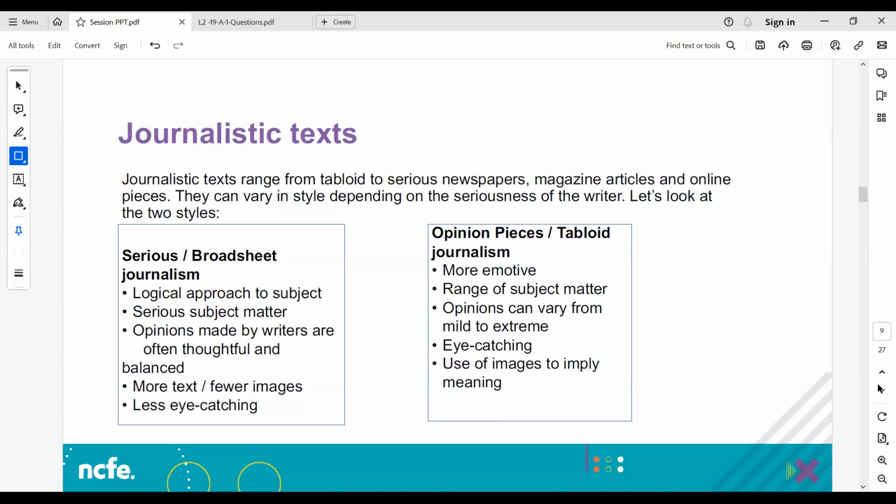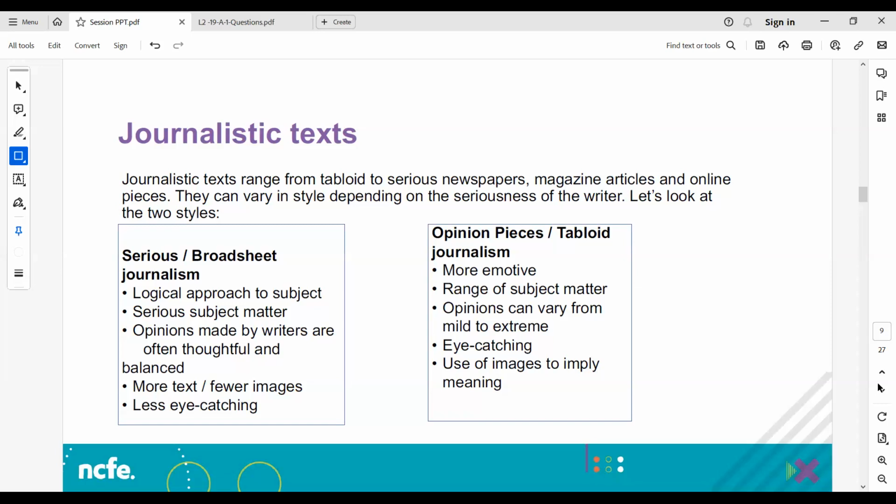As we are probably getting towards a general election in the UK next year, you will start to see that extremes from the broadsheets, how things are reported about politics, to tabloids. It'll be really obvious even from just the front page about the difference between them.